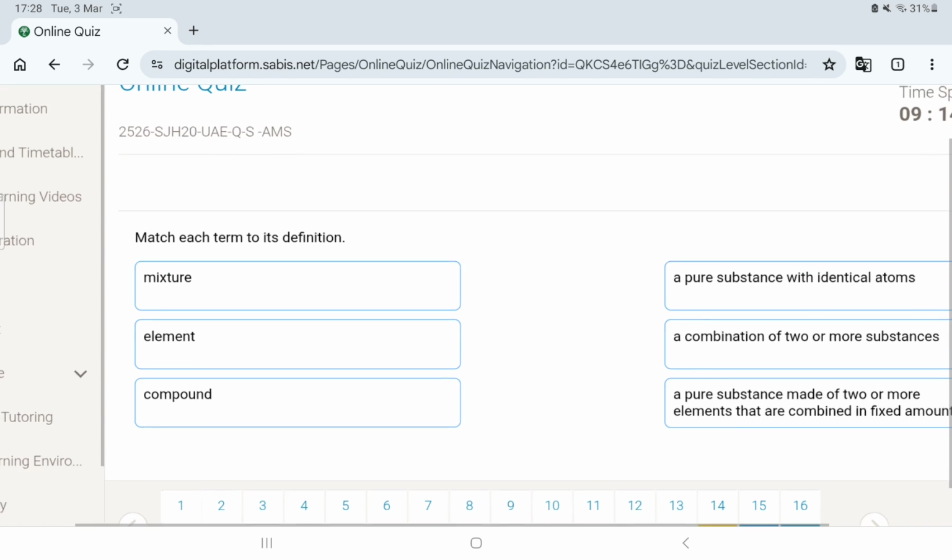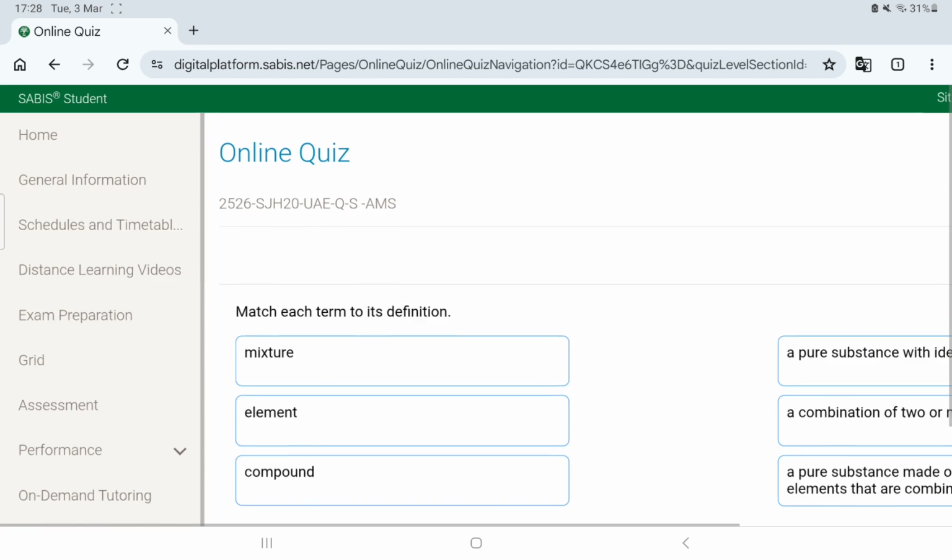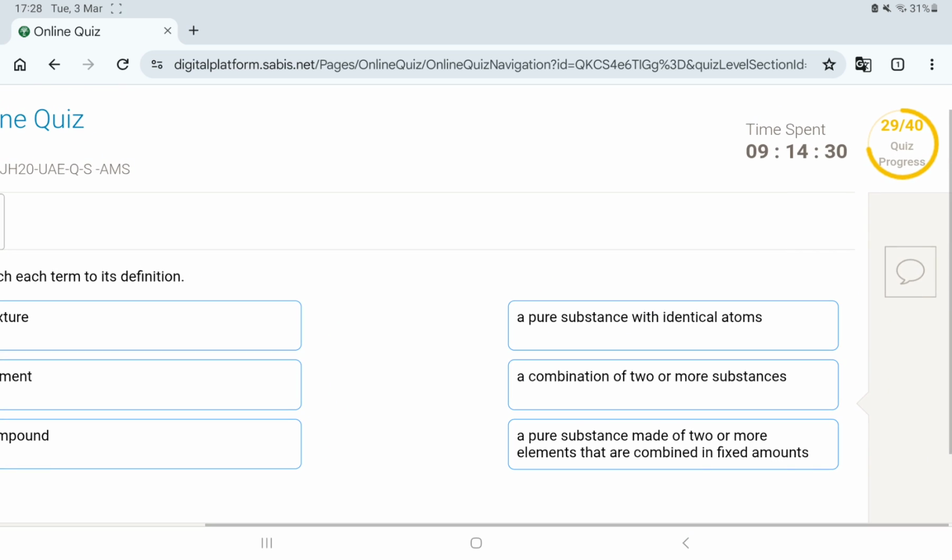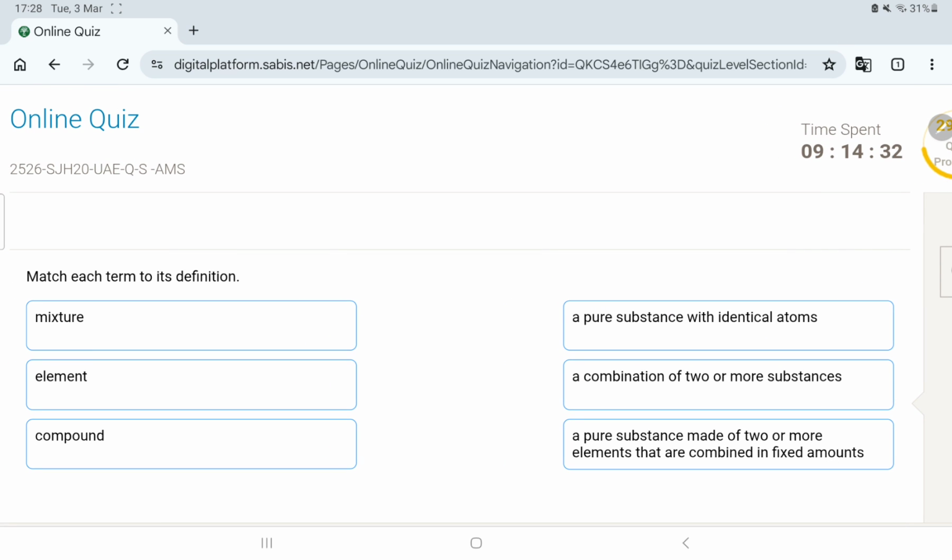Let's see. Match each term to its definition. Here they're actually using the indirect meaning, but the easiest one would be compound. Why? Because here they use the direct meaning. A pure substance, yes.